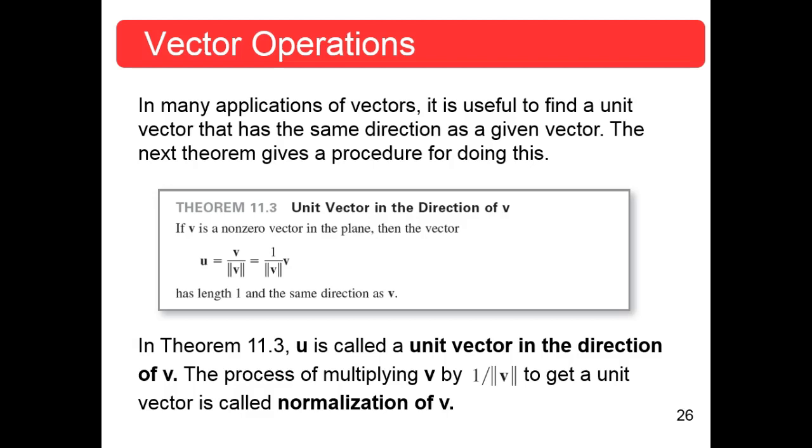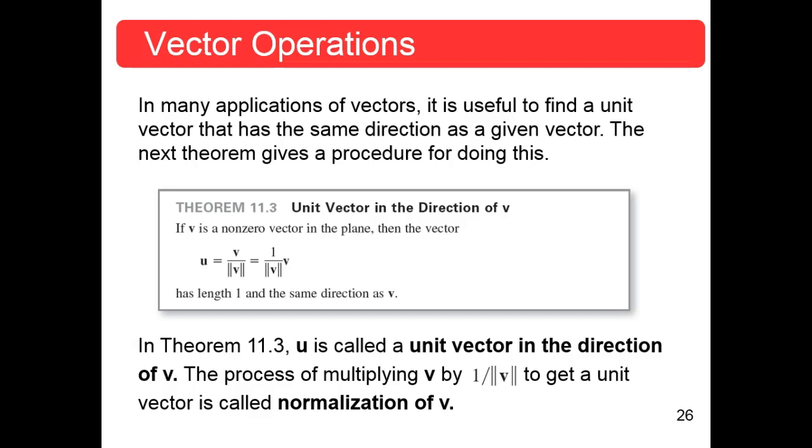So this is going to be the vector. If V is a long vector, this scales it down to a vector of magnitude 1. If it's a tiny one, this scales it up, because you're dividing by a very small number. It scales it up to magnitude 1.